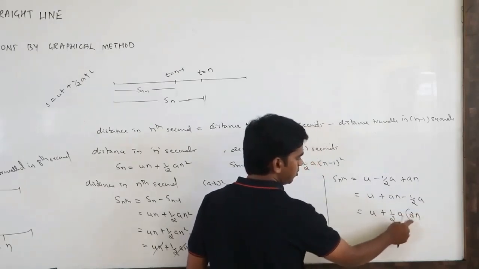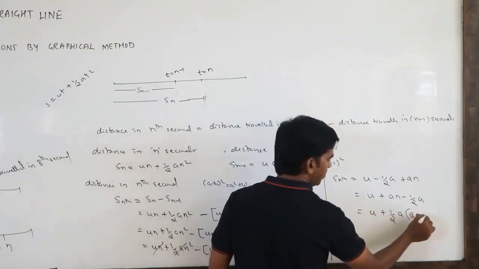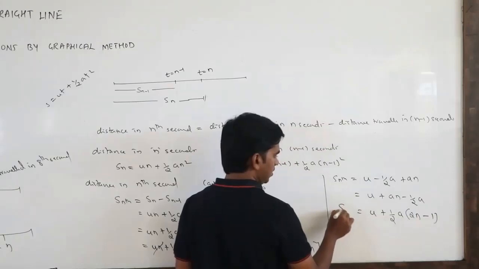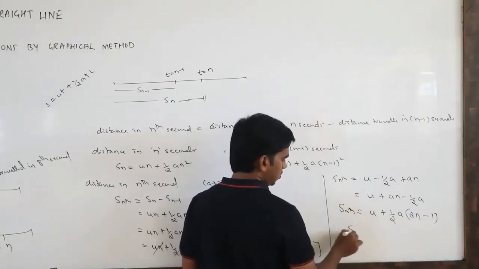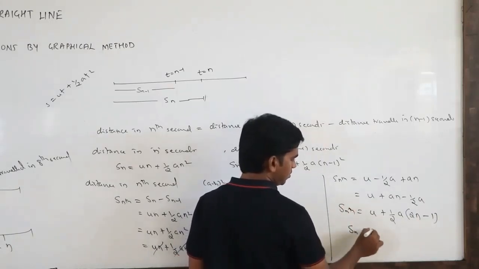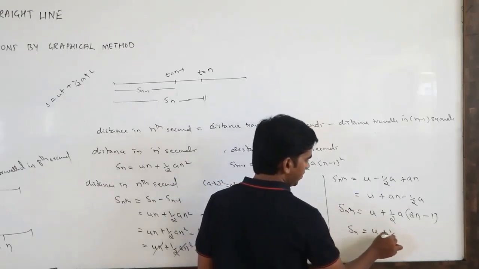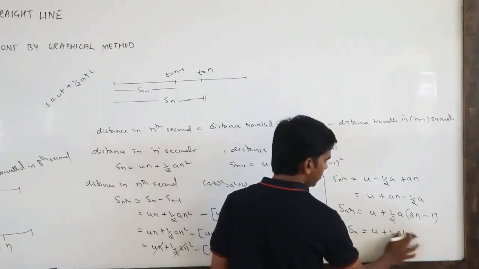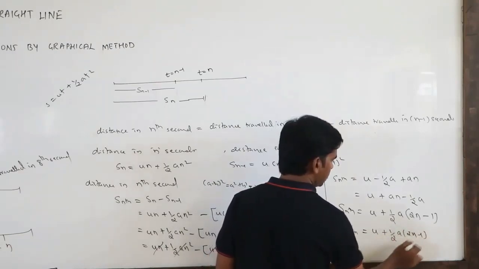If you multiply this, you will get an only, the 2 gets cancelled, and minus half a you have taken outside, so what remains is 1. So Sn second, or distance traveled in the nth second, is equal to u plus half a into 2n minus 1.